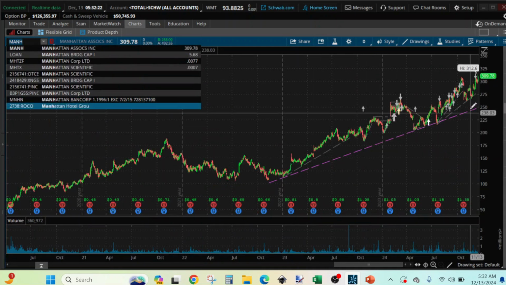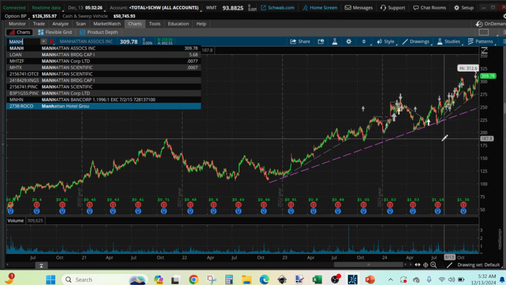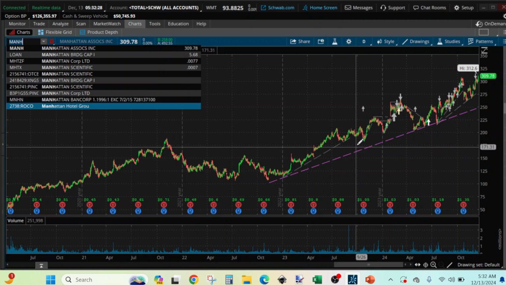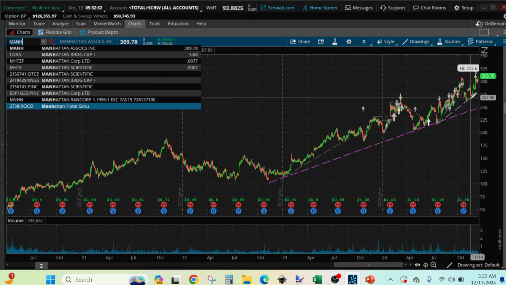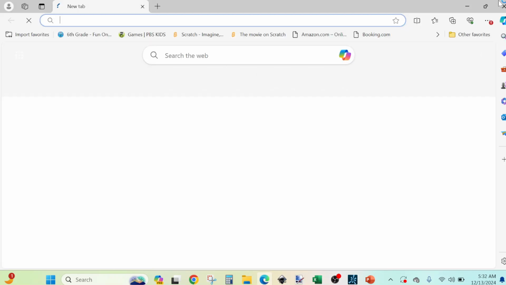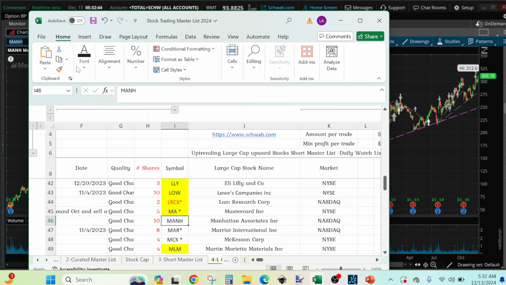So we want to buy it at that line, and we can wait on it because of those things that it did. Just prefer to wait on this and not buy it on this one. Oh, come on, it's not what I was trying to do. Okay, so the next one is MAR.